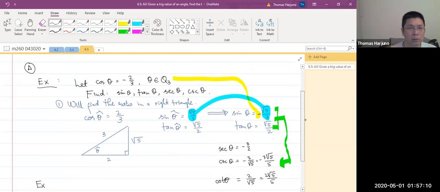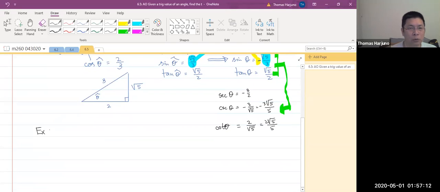Very possible. Example 2. Suppose I say let tangent theta equal x. x is in quadrant 2.